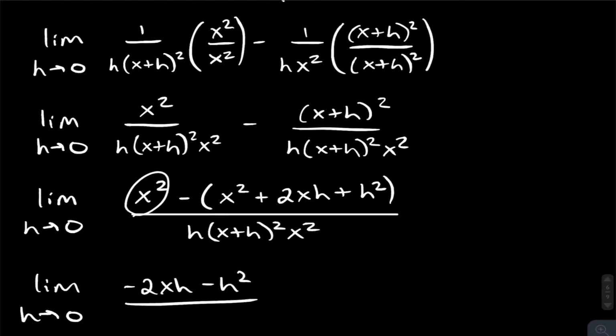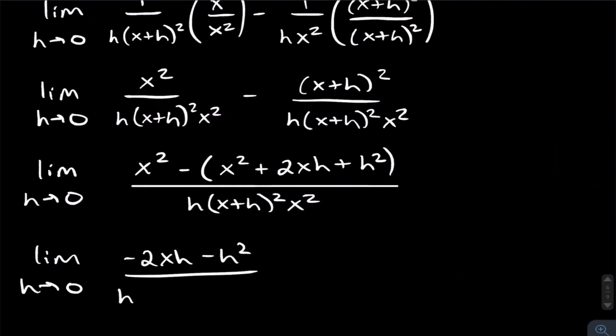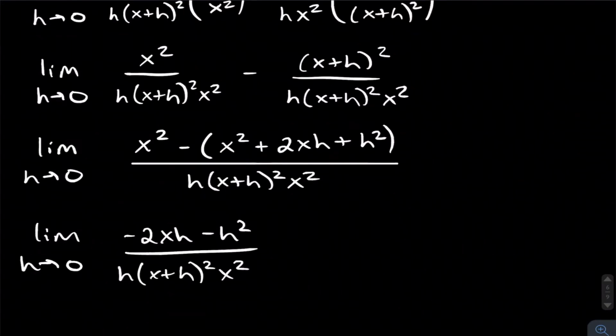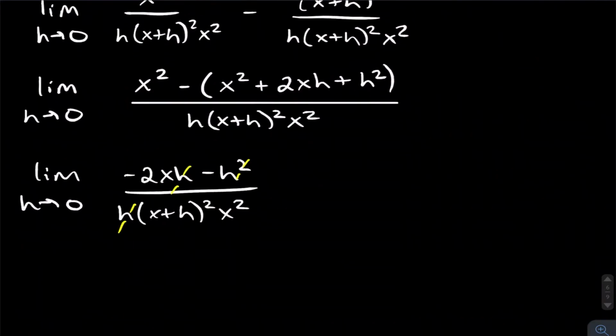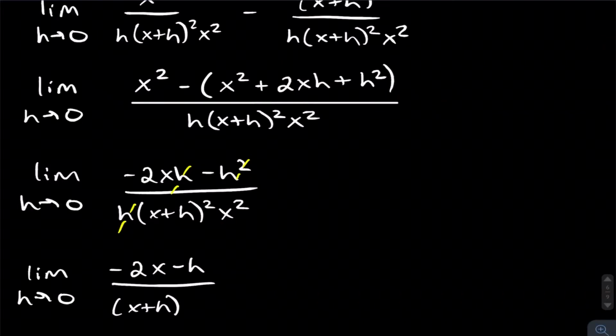Because hopefully you can see how this is x squared minus x squared, and I just distributed that negative through to the 2xh and the h squared. Okay, this is all over h times x plus h squared times x squared. You can see here that we can take an h out of everything at this point, right? You can take an h here, take an h there, take an h there. And from that point, you just have the limit as h approaches 0 of negative 2x minus h over x plus h squared times x squared.